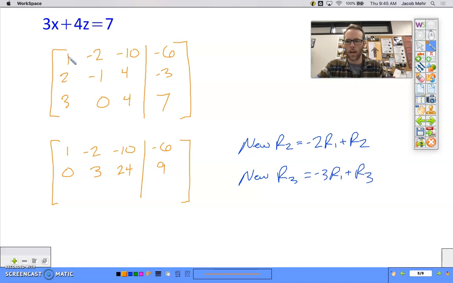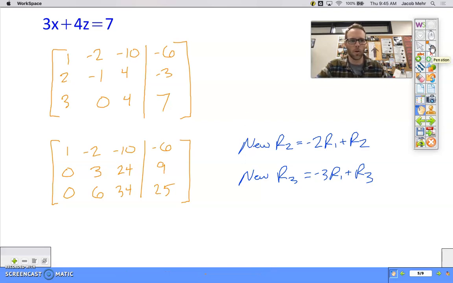So -3 times 1 plus 3 is 0. -3 times -2 plus 0 is 6. -3 times -10 is 30, plus 4 is 34. -6 times -3 is 18, plus 7 is 25. So I can do more than one operation at a time.